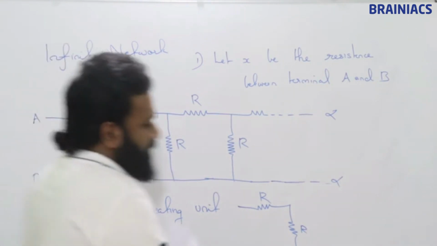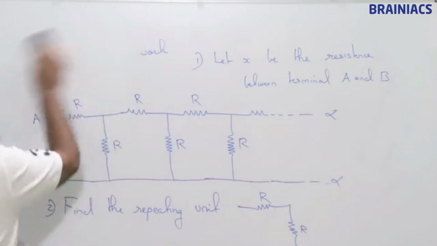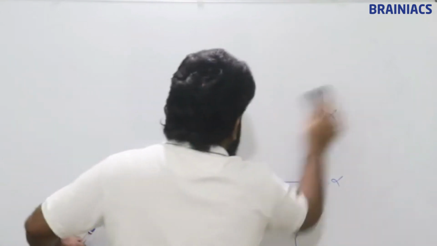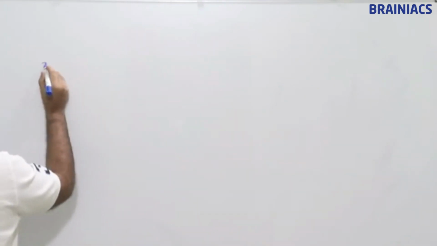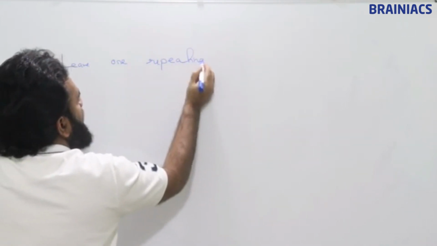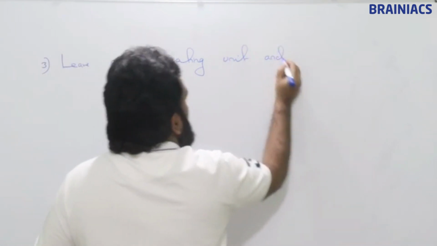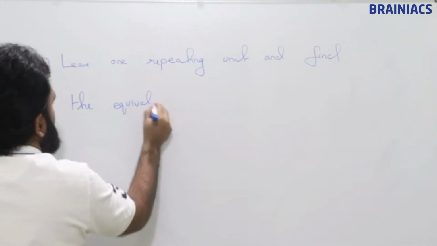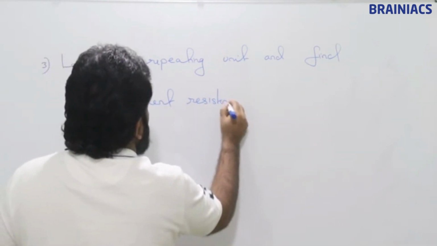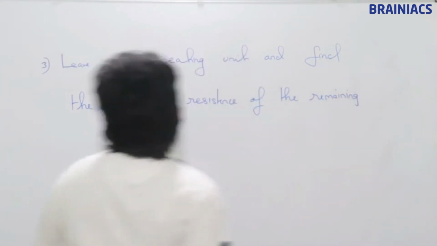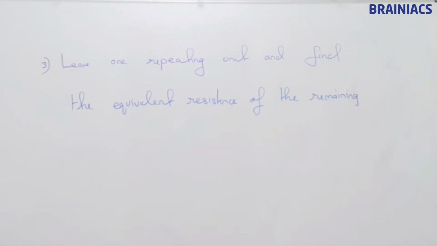Okay, third step is, leave one repeating unit and find the equivalent resistance of the remaining.